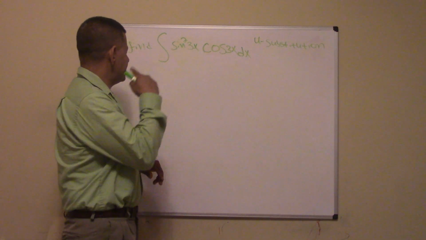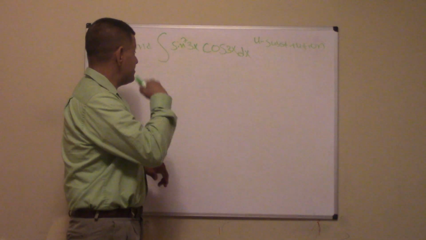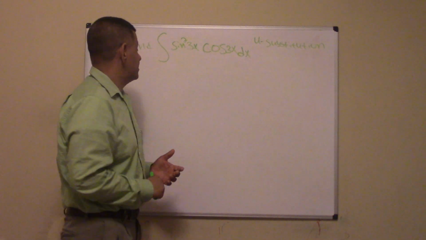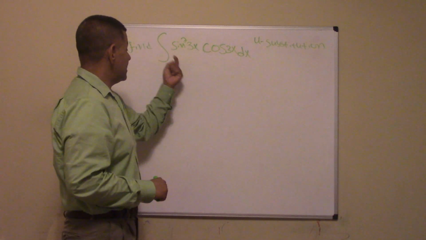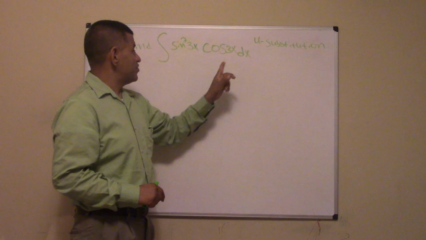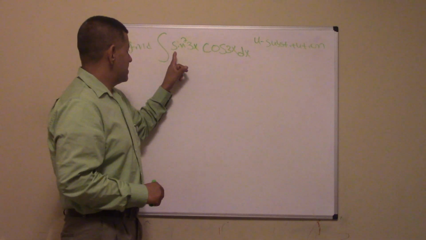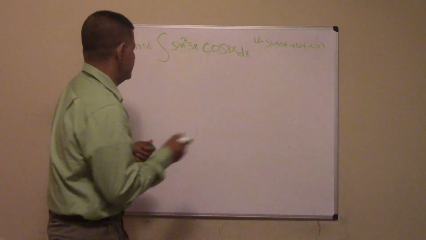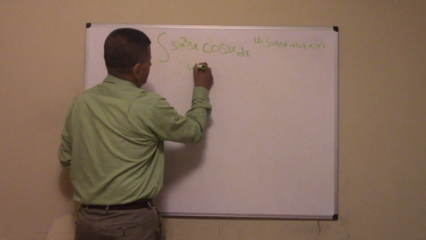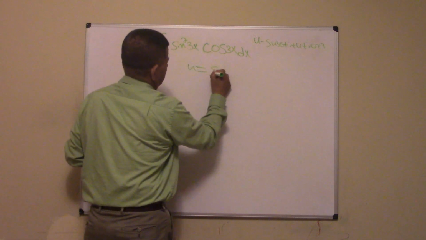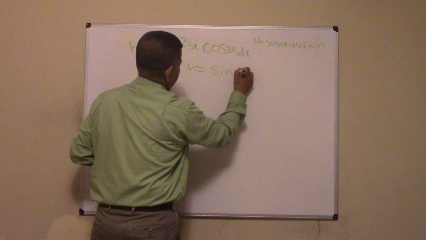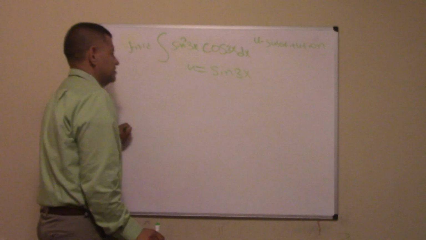So sine times sine is sine squared. So we will let u represent sine 3x. Okay? So u is equal to sine 3x.